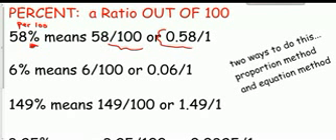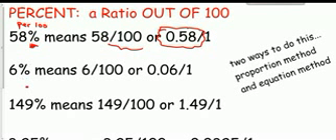Or as a decimal, when you divide that out, you have 58 hundredths for every one of the original item. So if we're talking about dollars and we have 58% of the money, we have 58 cents for every $1. If we're talking about 58% of the hours that you worked, then we're talking about 58 hundredths of an hour for every 1 hour. Okay?